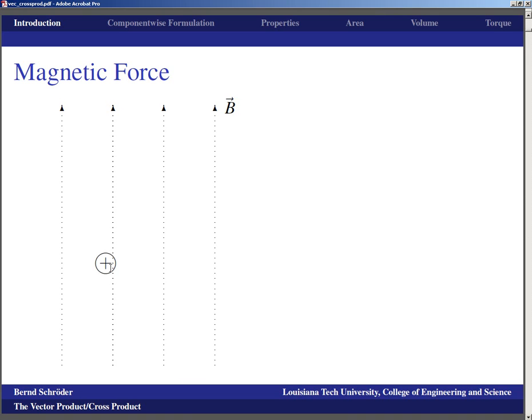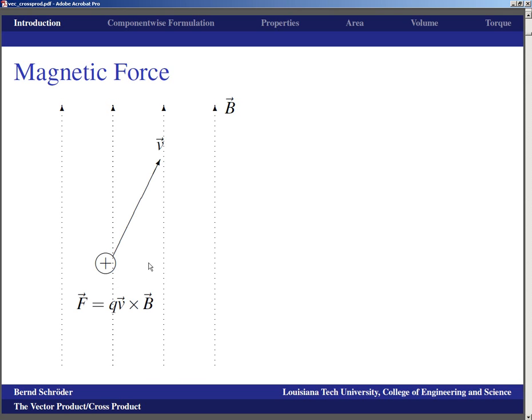And if you have a positively charged particle flying through that space at velocity v, then this particle will experience a force, and that force ultimately is charge times velocity cross product with the strength of the vector field.